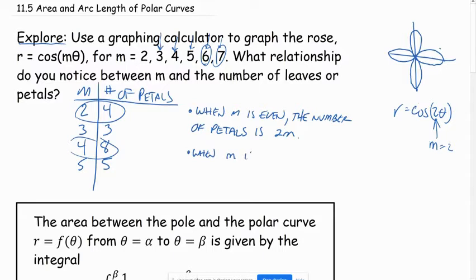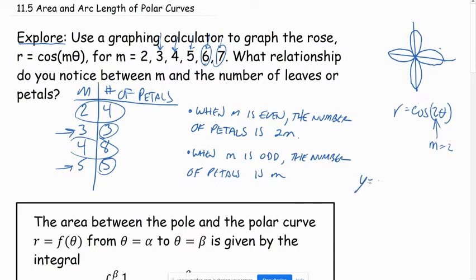When m is odd, the number of petals is just m. If m is 3, we get 3 petals. If m is 5, we get 5 petals, and so on.